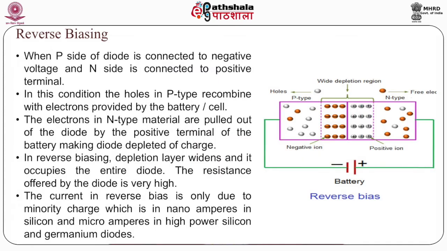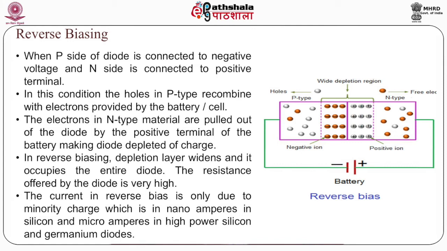In reverse biasing, you connect the P terminal of a PN junction diode to the N terminal of the battery and the N side of the semiconductor diode to the P terminal of the battery, that is, opposite terminals are connected to the opposite sides of the PN junction diode.